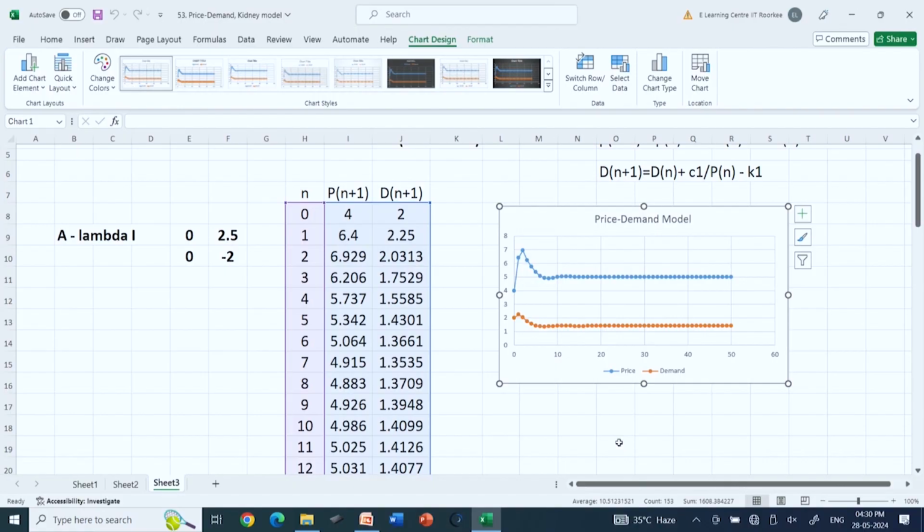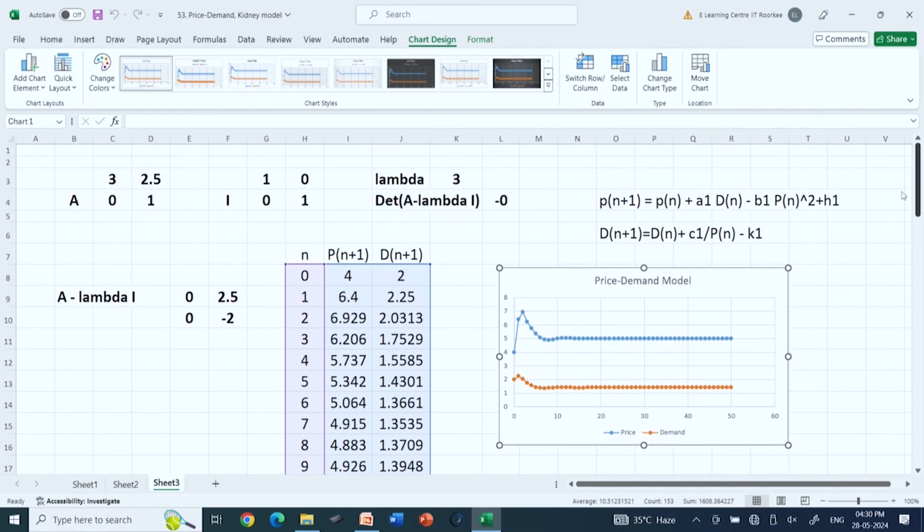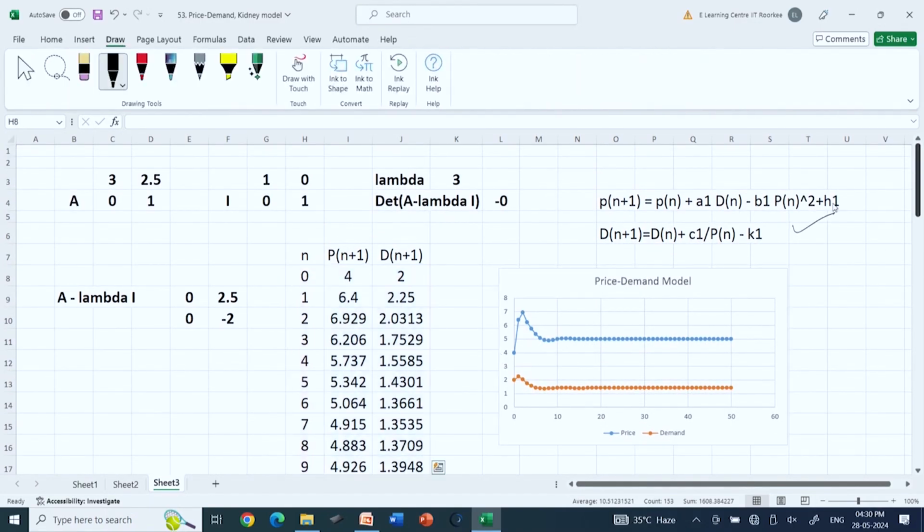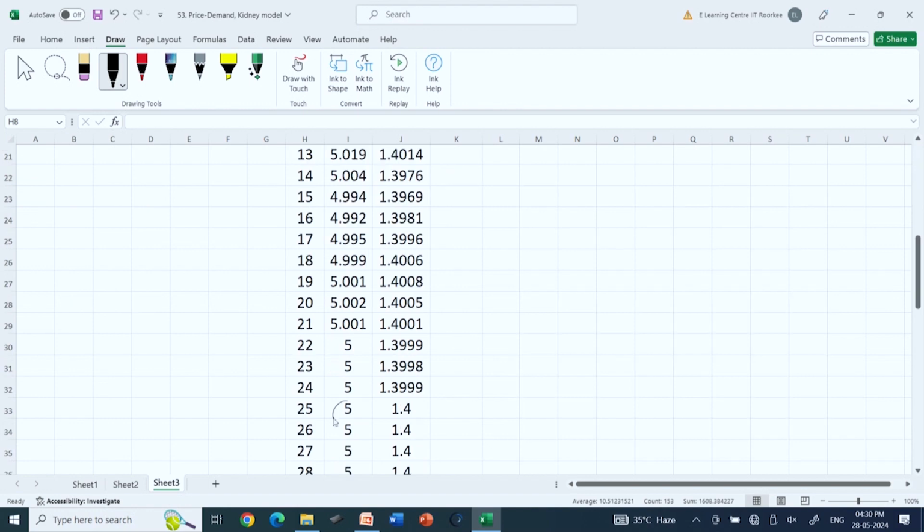Okay, so what you just see is that we have numerically drawn the figure of this model which we were describing, the price and demand model. And what you see is that initially there is an increase of price and an increase of demand, and ultimately both price and demand come to a steady value, the steady values being 5 and 1.4.